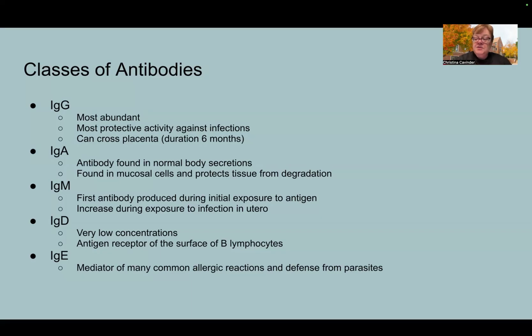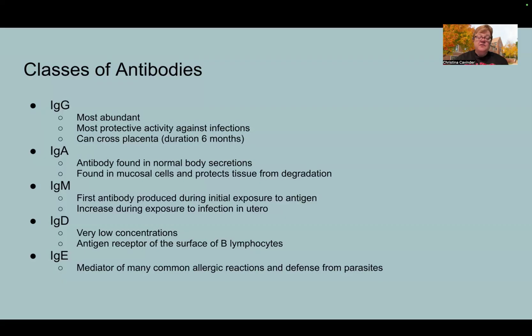It can cross the placenta, so the mom can give it to the baby, and that usually lasts for 6 months of protection for the baby. IgG is usually the one that we give in hospitals just to protect against this antibody antigen process.